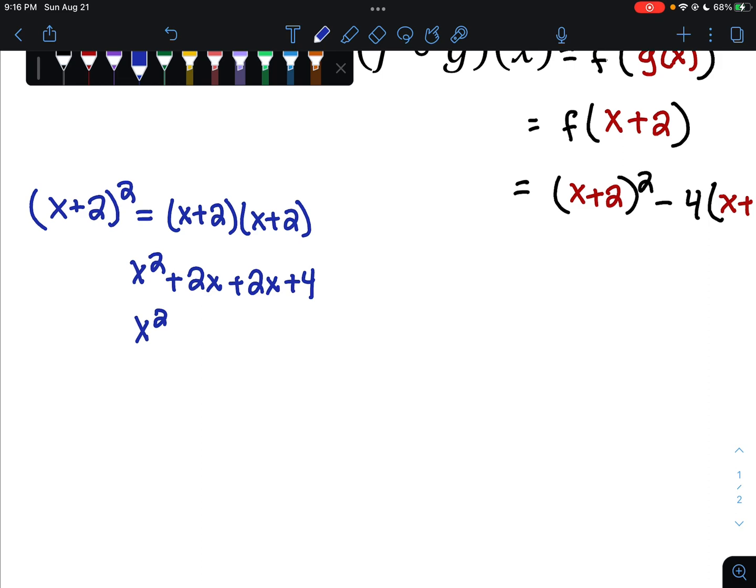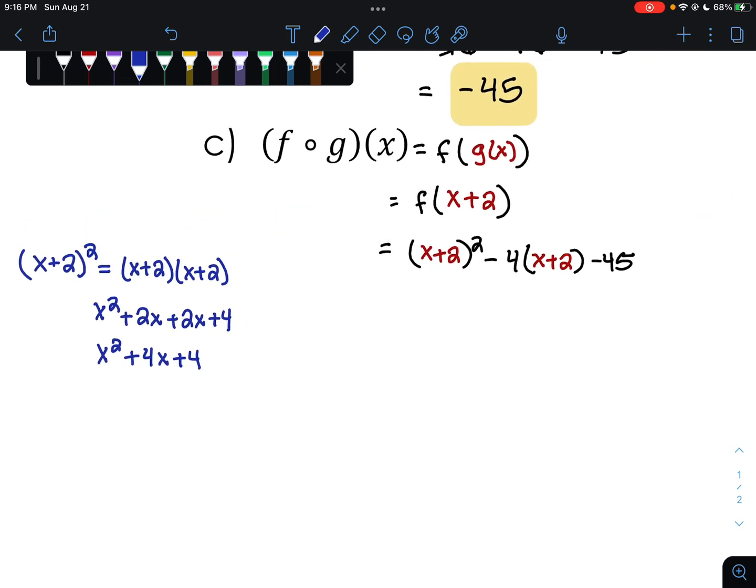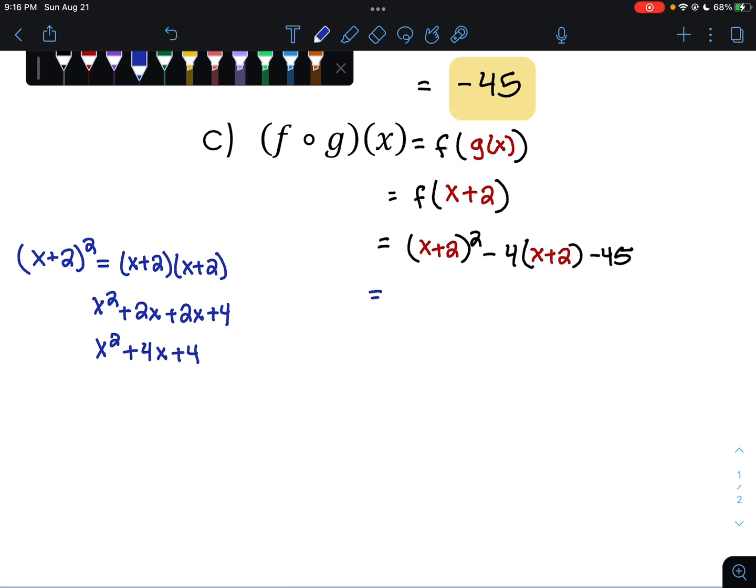So we get x squared plus 4x plus 4. So I'm going to substitute that in. x squared plus 4x plus 4. Then I am going to distribute -4 times x. I get -4x. -4 times 2 is -8, minus 45.